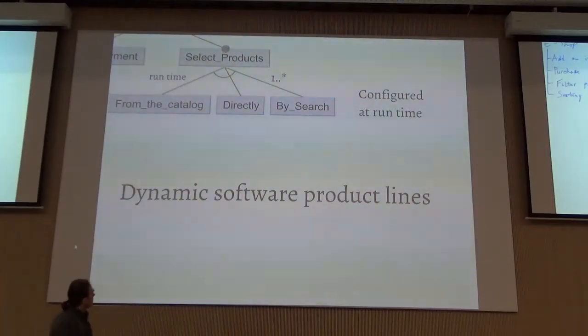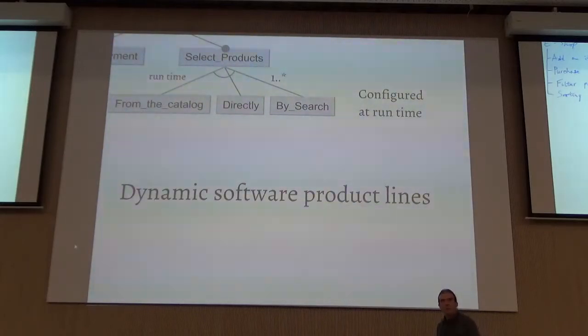So we might even think of dynamic software product lines. That might be an approach that you can encounter with those generic eShop systems. So you have everything there, but you are switching things on and off in a configuration that is available to you at runtime. That configuration might be available only to a super user, so not to all users.